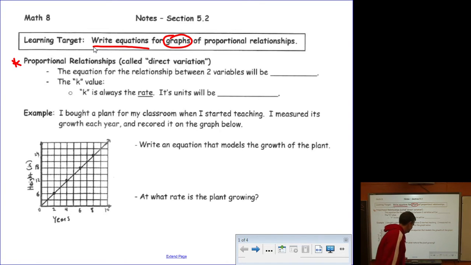First of all, just vocabulary. Direct variation means the same as a proportional relationship.